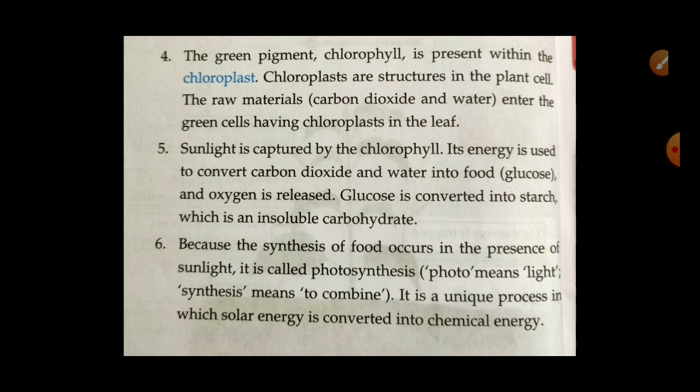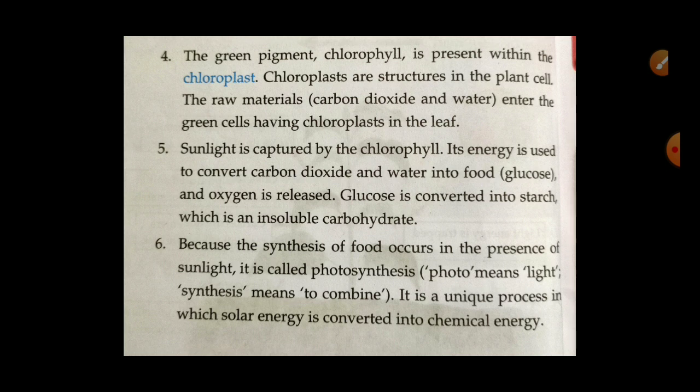The next point, sixth: because the synthesis of food occurs in the presence of sunlight, it is known as photosynthesis. Photo means light, and synthesis means something will be combined, or prepared, and it is a unique process. Why is it a unique process? Because in this process solar energy is converted into chemical energy.